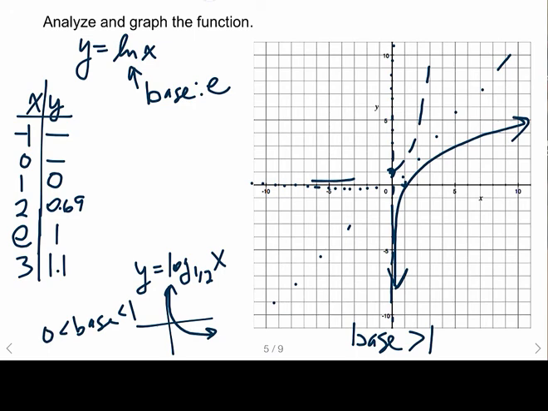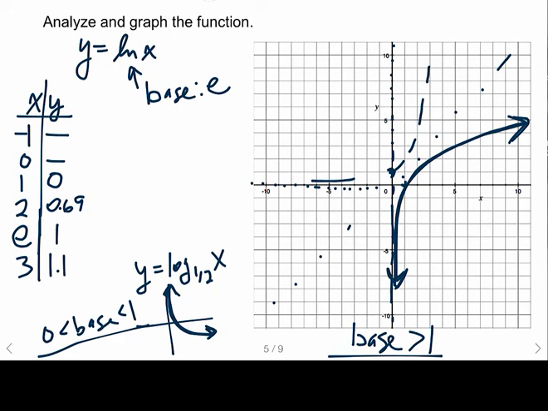We don't consider a negative base for the same reasons that we discussed with the exponential stuff. So we have two curves that are logarithmic. One of them is asymptotic up, the other is asymptotic down with the y-axis. And what indicates which of these you have is the base, whether it's bigger than or less than 1, noting that all bases are positive.